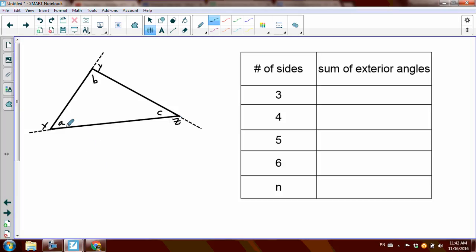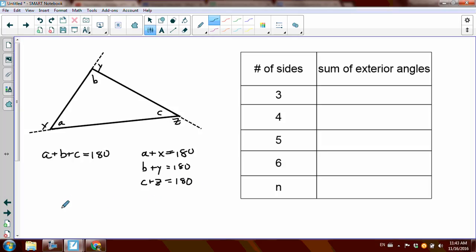Okay, well, we know already that A plus B plus C is 180. And we also know that what's A plus X? A plus X, those form a linear pair, so those 2 angles are supplementary. Same with B and Y, another linear pair. And C and Z, another linear pair. So I've got 3 linear pairs. Each of those linear pairs is supplementary.